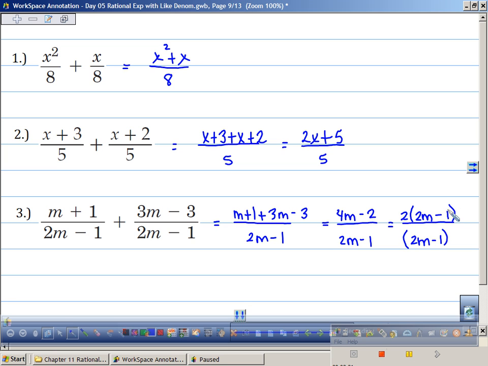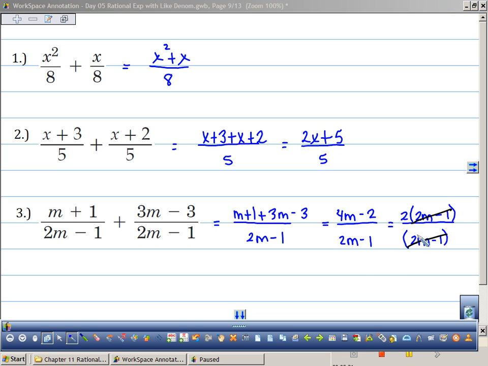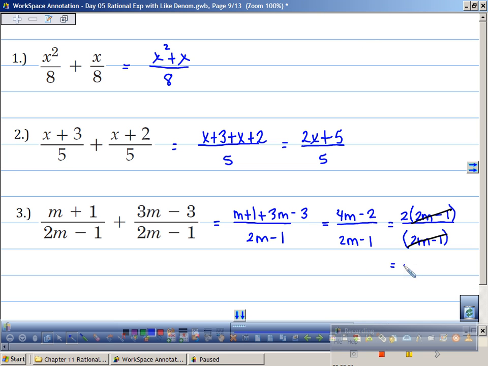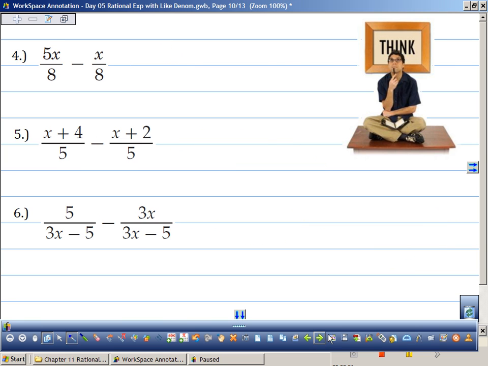Because this whole thing right here matches, and I'm multiplying this whole thing by 2. So once it matches, I can now cancel the quantities out. And I'm just left with 2. Questions? Okay, moving on.